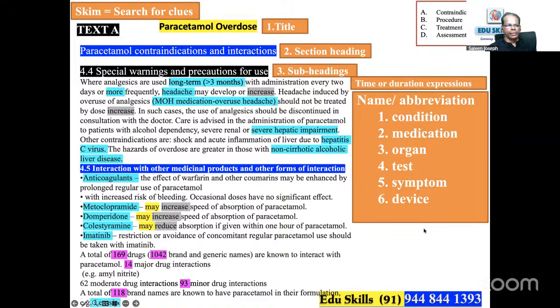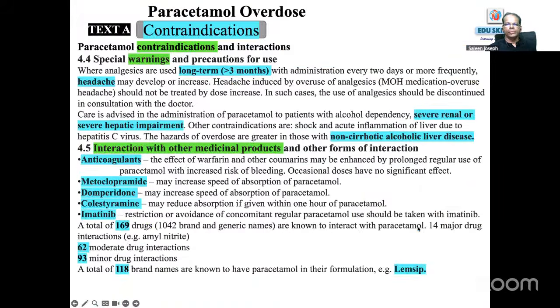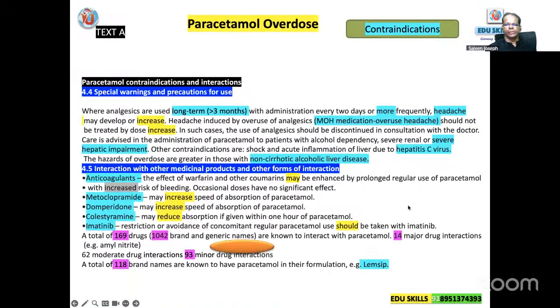Okay. This we have seen. Now you see the time expression, long term, 3 months. You can see, right? Time expression, that is long term. Then you have the abbreviation MOH, and a scale if you want.